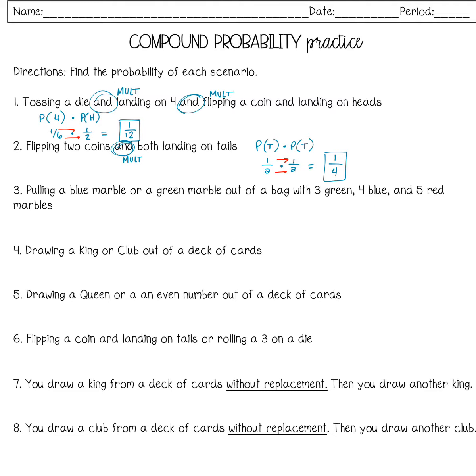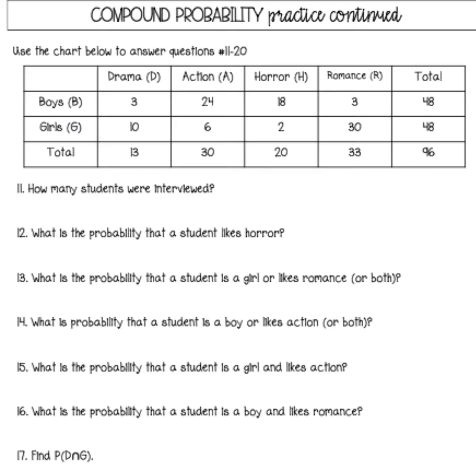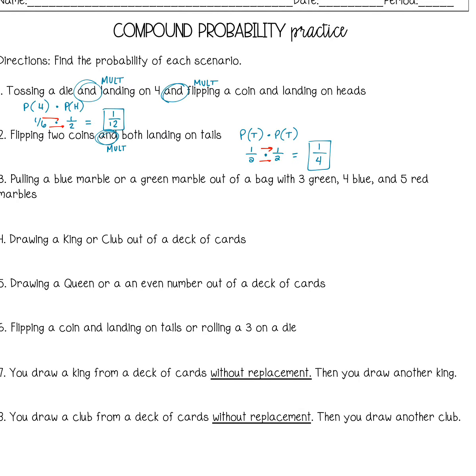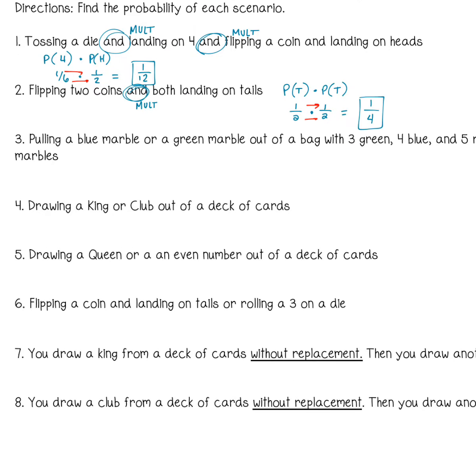Pulling a blue marble or a green marble out of a bag with 3 green, 4 blue, and 5 red. Now, when I do these marble ones, if it does not say without replacement, we're going to assume we put the marble back. Whoops, sorry guys, getting ahead of myself. So there's 12 total marbles.